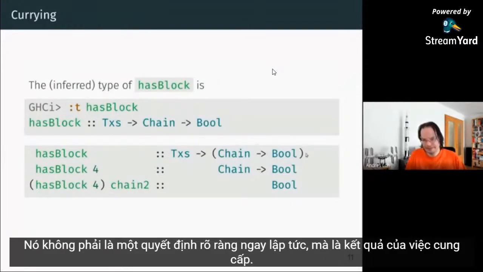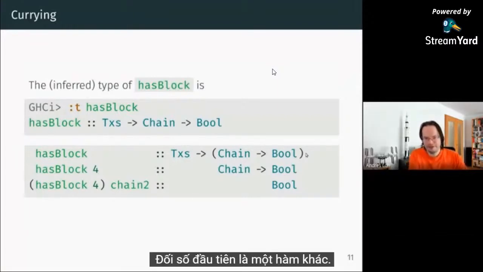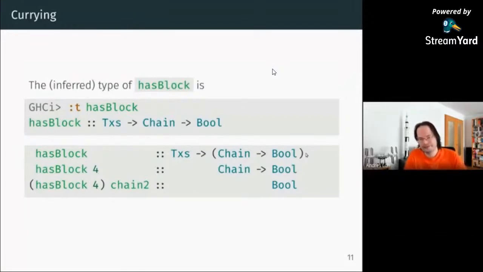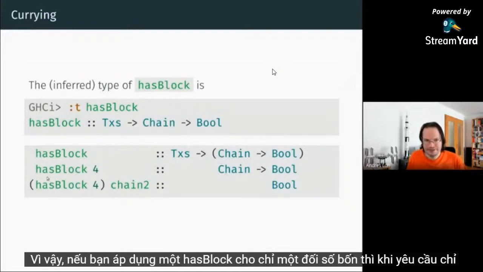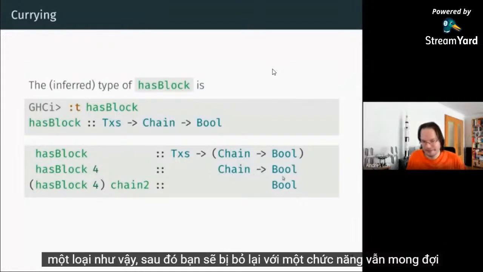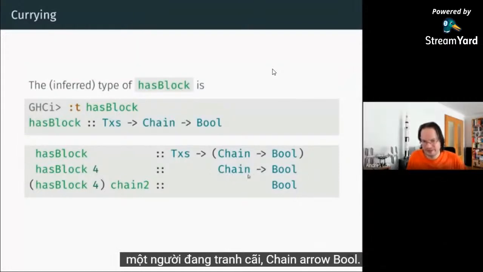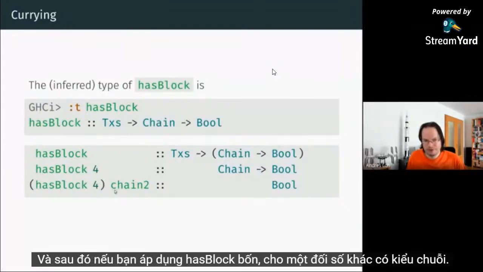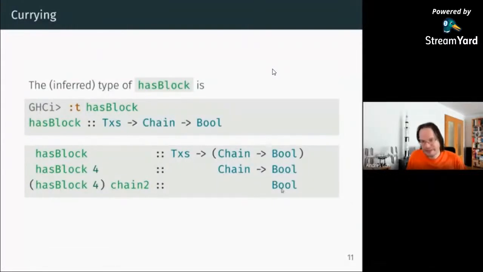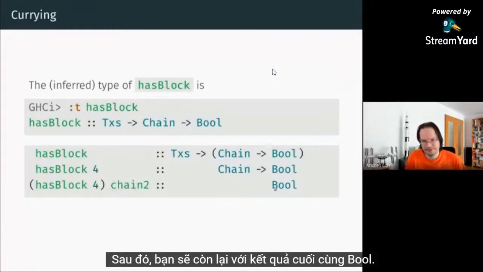It's not immediately a plain result, but the result of supplying the first argument is another function, and that remaining function is expecting a second argument, and this is of type chain. So if you apply Has block to just one argument 4, and you ask what is the type of that, then you'll be left with a function that still expects one argument, chain arrow Bool. And then if you apply Has block 4 to another argument, which is of type chain, then you'll be left with the final result Bool.